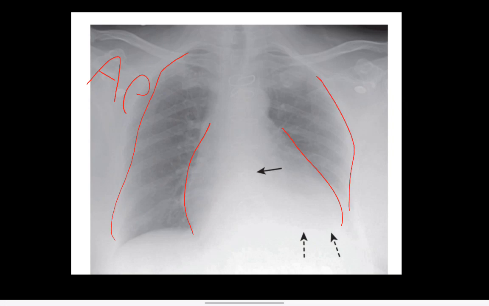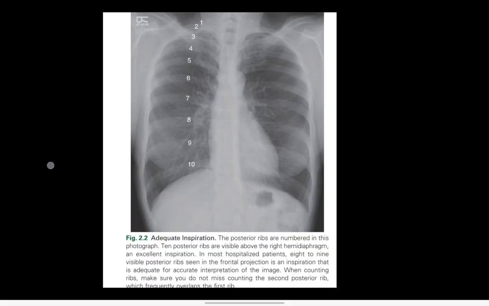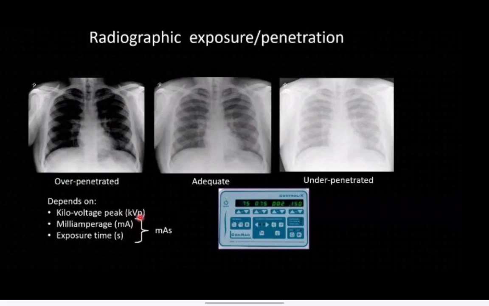The second one, yes, you are right, it is underexposed because we can specify the line of the spine posterior to the cardiac contour or cardiac shadow. So this is a B radiograph, underexposed. Regarding its quality, it looks like this image over here.